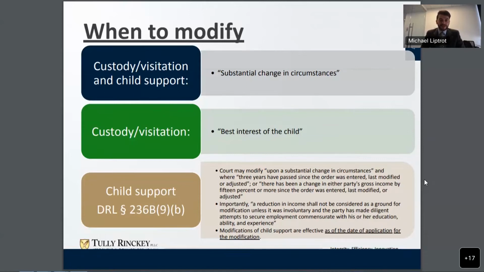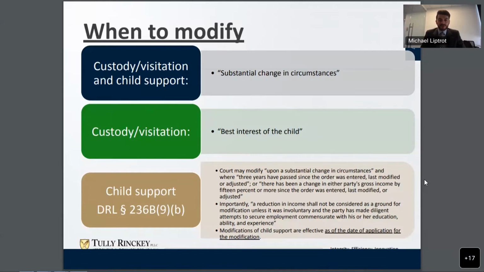These three bases apply, and you can see the court may modify upon a substantial change in circumstances, as we talked about, and where, these are the two new ones, 3 years have passed since the order was entered, last modified or adjusted, and there's been a change in either party's gross income by 15% or more. That's 15% up or down.